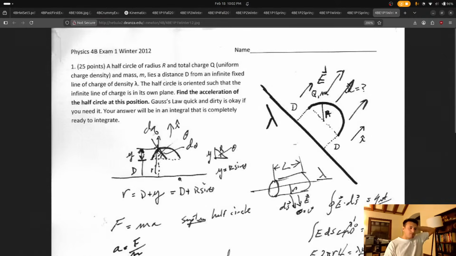D plus, you can call this theta equal to 0. Sine, yeah, so it's sine, because it's at its maximum here. D plus sine theta. And that is going to be R.